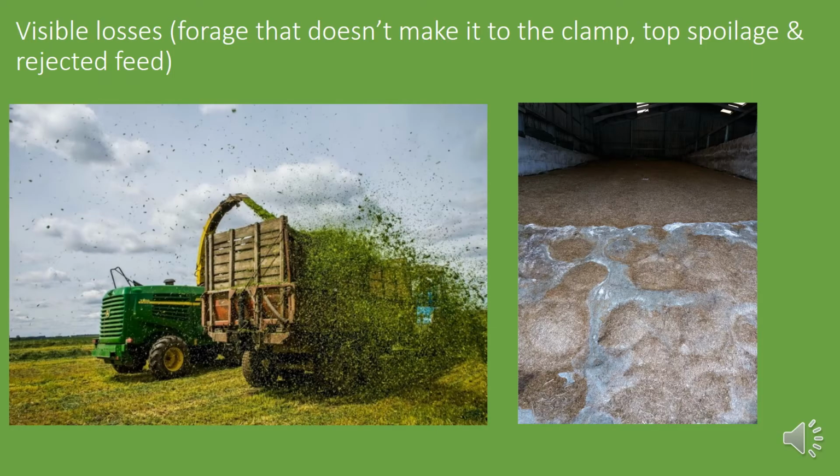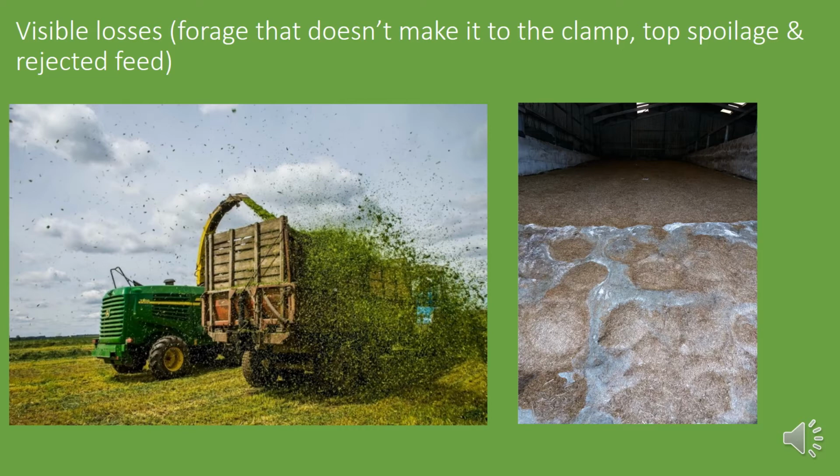In the UK, 50 million tonnes of silage are made each year, and it's estimated that on an average farm, 25% of the silage is wasted due to dry matter losses that occur all the way through from the field, fermentation or during feed out. And we know that these losses can occur as visible or invisible losses.